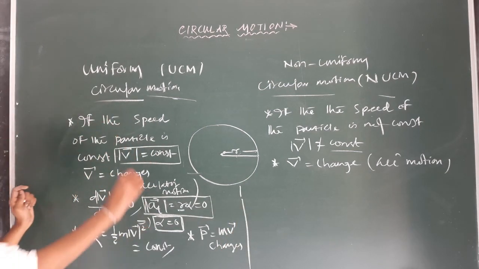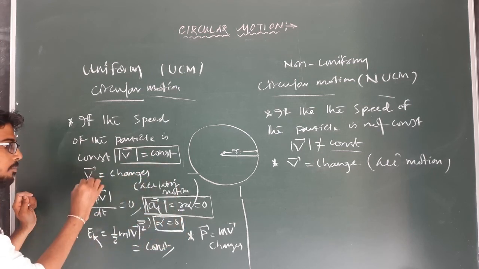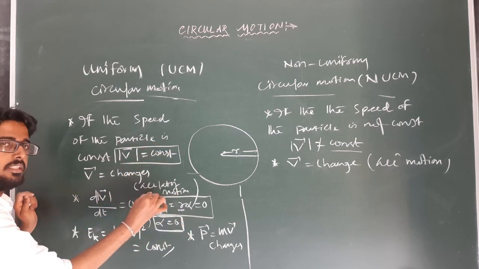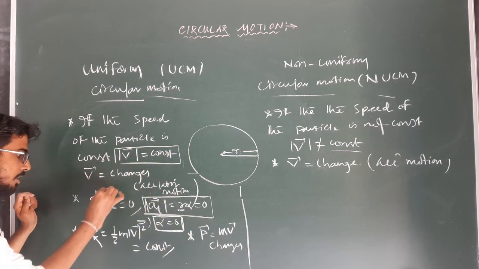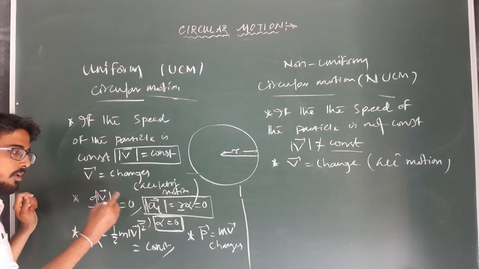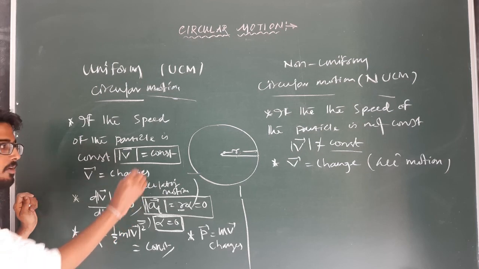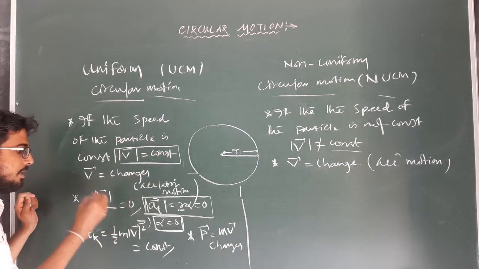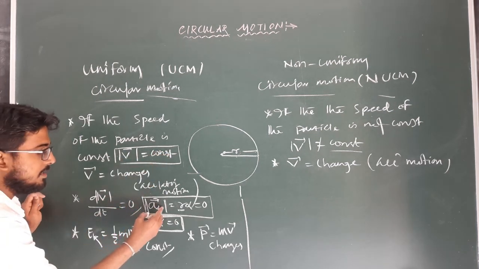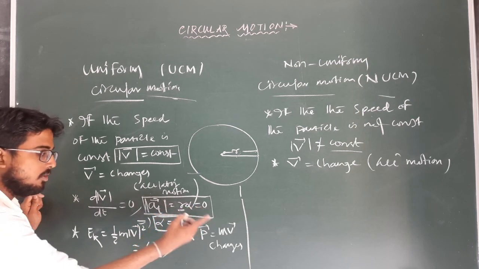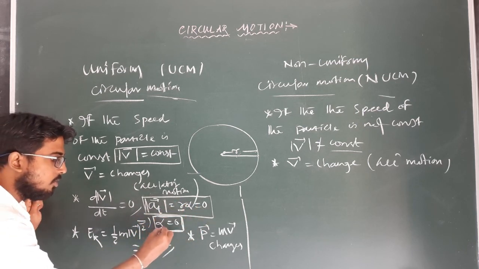In uniform circular motion, speed is constant but velocity changes, so the body is in accelerating motion. The rate of change of speed, d|v|/dt, is 0. Clear? Because it remains constant, d|v|/dt is 0. So a tangential, which is equal to r alpha, is equal to 0. As r can't be 0, alpha equals 0.